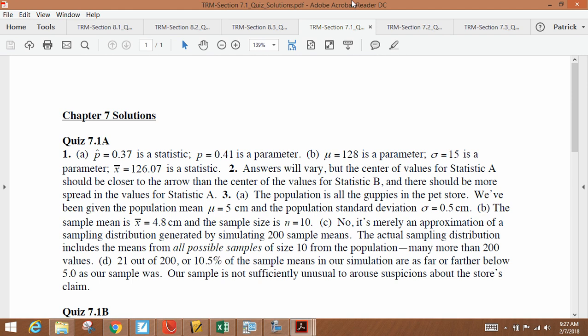And then, for a population... There you go.